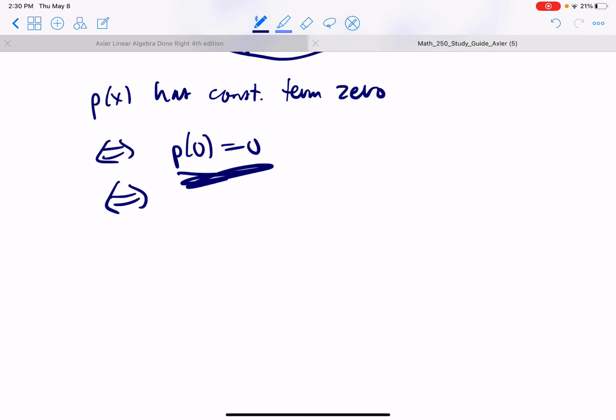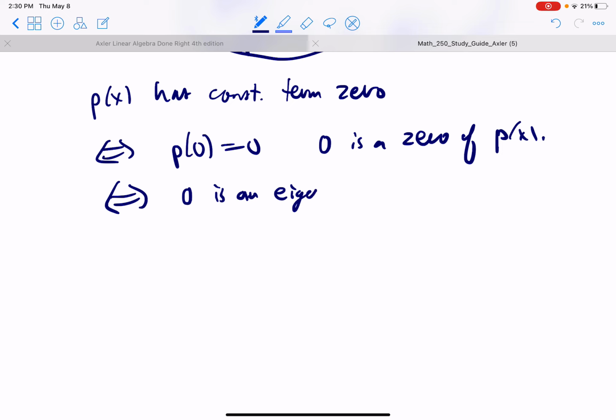In other words, 0 is a 0 of p of x. Okay, but every 0 of the minimal polynomial is an eigenvalue. So 0 is an eigenvalue of t. That we proved earlier.